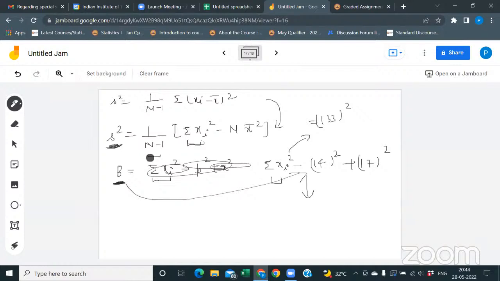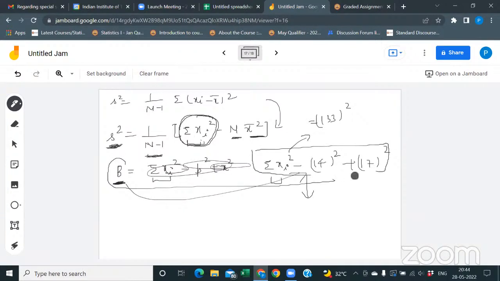You know the value of n minus 1, you know the value of n, you know the old mean. From here you can calculate the old sum of square. After calculating the old sum of square, you have to calculate the new one. Now put it in this formula and you will get the new sample variance.